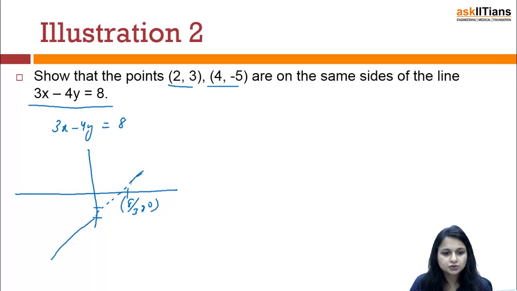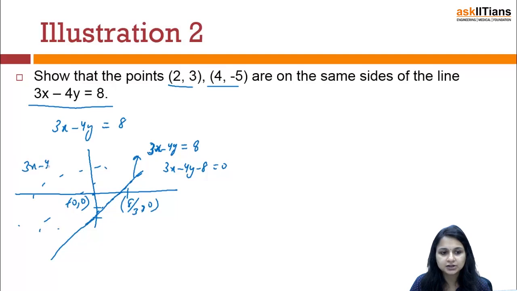Now students, this is a line which is 3x minus 4y equal to 8. Now let us understand, if I take origin, what does it give? Suppose I have 3x minus 4y minus 8 equal to 0. If I satisfy 0, 0, this becomes 0, 0 minus 8. That means this portion is represented by 3x minus 4y minus 8 less than 0.